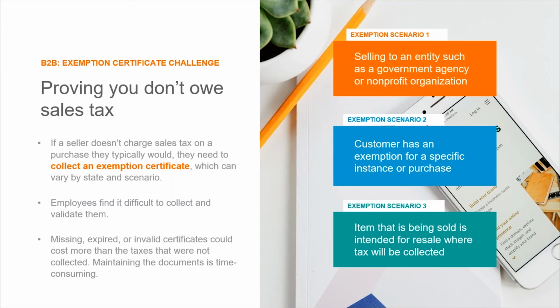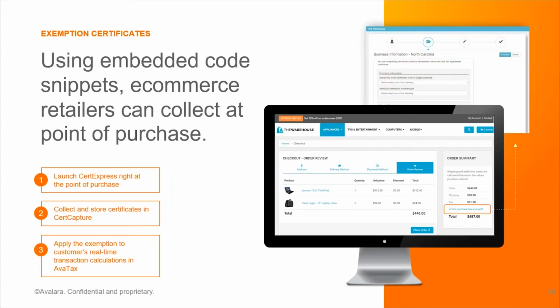So it's really important to make sure that you shore up this, because again, sales tax is a pass-through tax. But under audit, if you haven't collected that tax, you're going to be liable for that tax. So it's a direct hit to the bottom line.